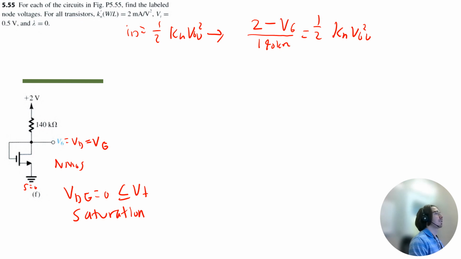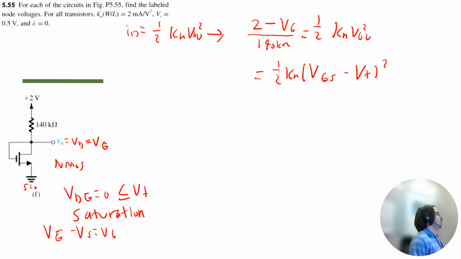Probably VGS. So on the right side we can express V overdrive as VGS minus VT, squared. And on the left side, well, V6 is equal to VG. And we know that VG minus VS is equal to VGS. But VS is equal to 0. So therefore VG is equivalent to VGS in this problem.